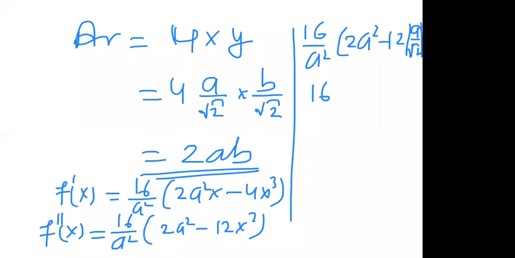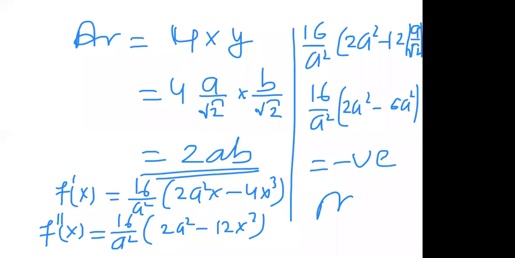So it becomes 16 upon a square into (2a square minus 6a square). It becomes negative. So maximum area will be when x is equal to a by root 2 and y is equal to b by root 2, and the maximum area will be 2ab.